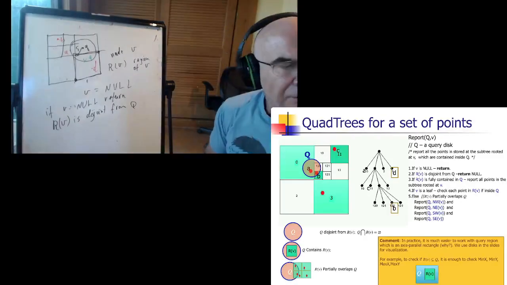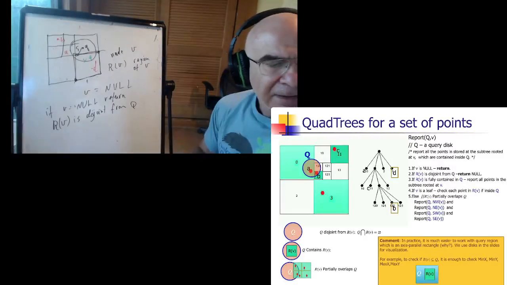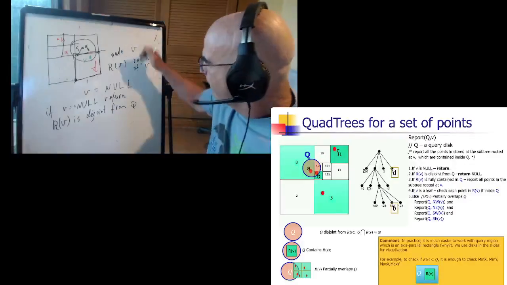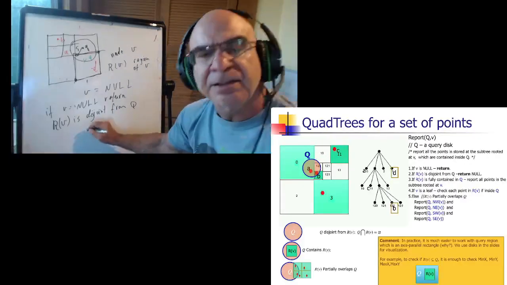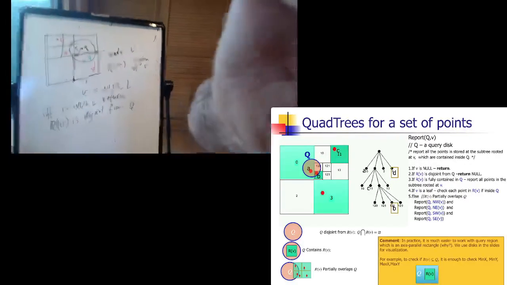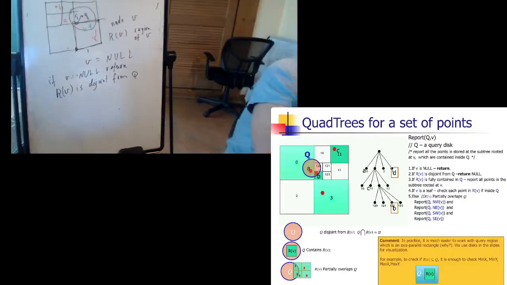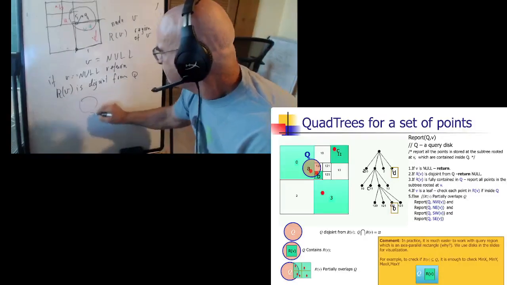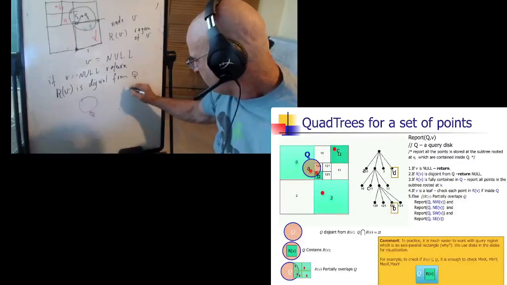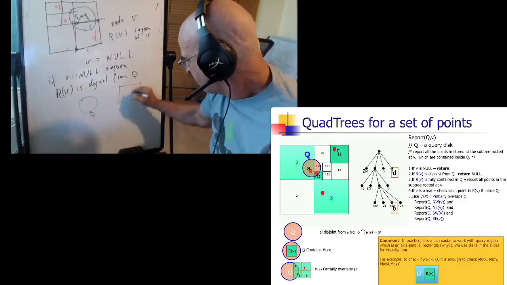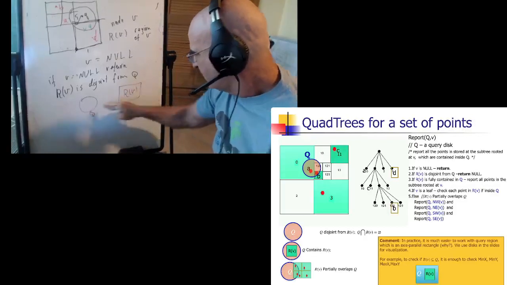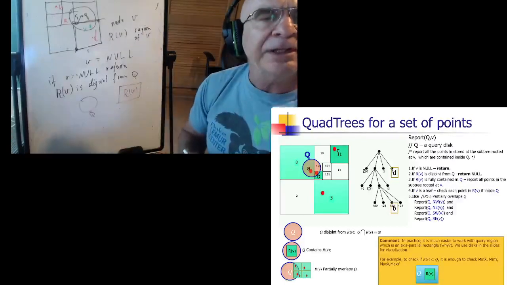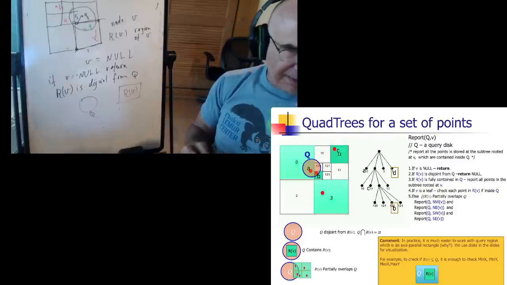Disjoint graphically means here is Q, somewhere here, and here is R of V, and they have no point in common. Not necessarily data points, no points at all.